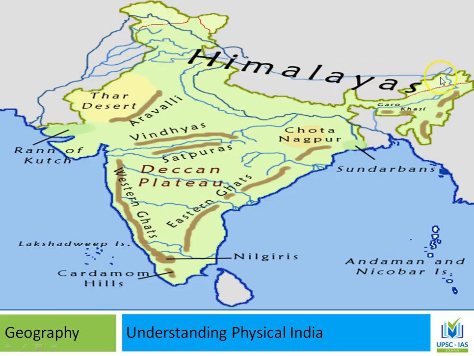This whole part is of Himalayas, right? In this lecture we are going to start with Himalayas and then later on we will head towards the southern part of India. So basically we will start with North India and then step by step we will understand different physical divisions of our country.